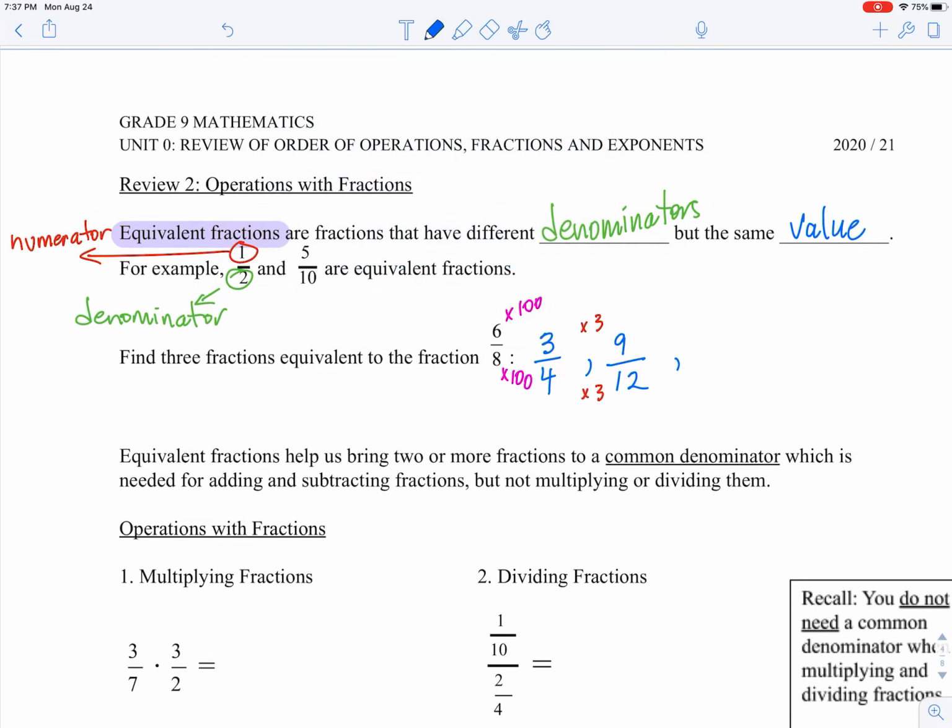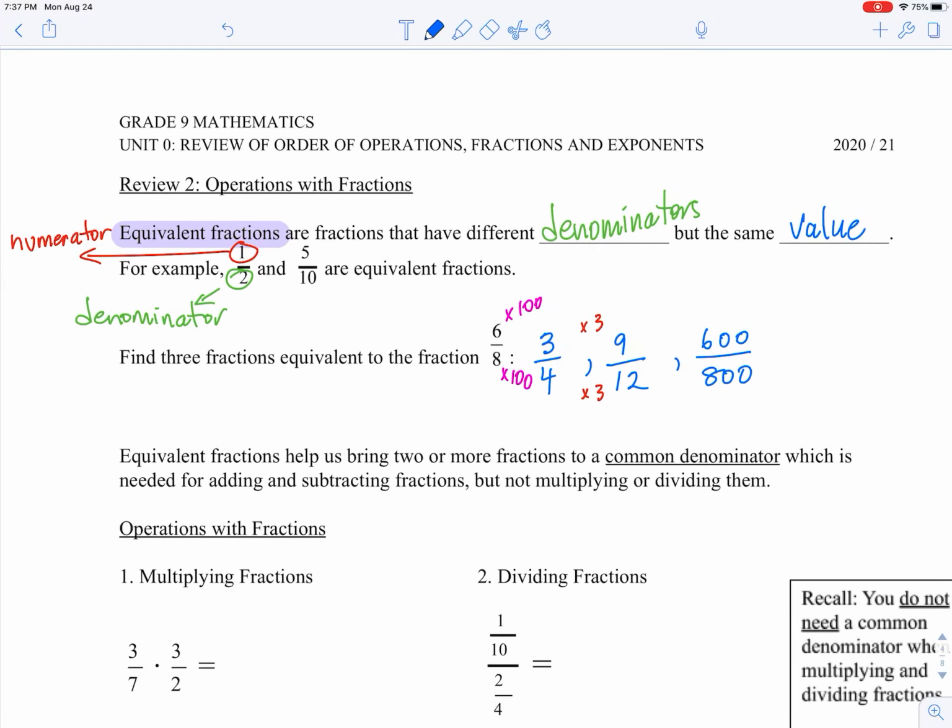So another one that I might do might be 600 over 800. But as long as they all simplify to the same fraction or they convert to the same decimal value, they're equivalent fractions. We need to know about equivalent fractions because we're going to be doing addition and subtraction, where we need to get a common denominator first.